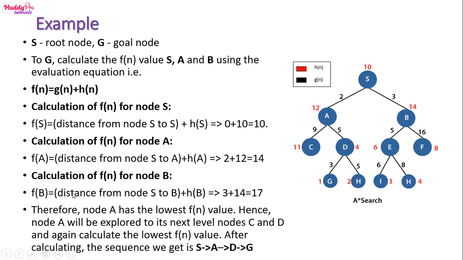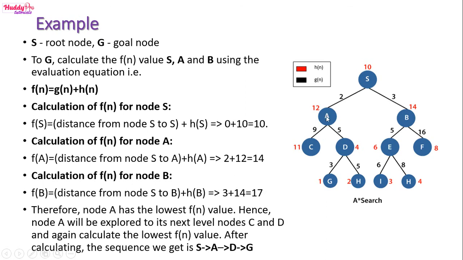Now f of B: from S to B, we have 3, and then h of B, from the key here, h of n is the one in red and g of n is in black. So h of B is 14. That means we have 3 plus 14, which is 17.